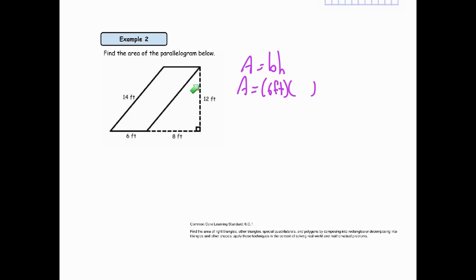It's always perpendicular to the base. So we can see right here a right angle, and you'll notice that that forms a right angle with the base. So that 12 feet would be the height of our parallelogram. And so we can find the area by multiplying the 6 feet times the 12 feet to get 72 feet squared.